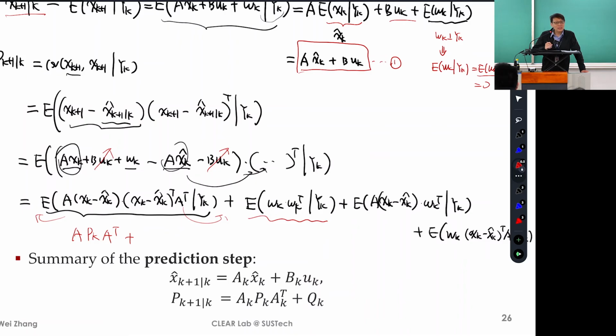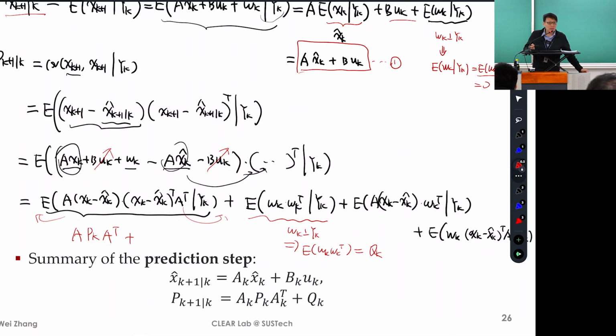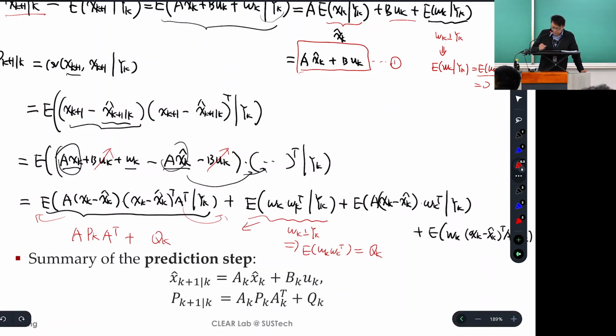WK is independent of YK, which tells me this equals the covariance of WK. And I will say this is nothing but Qk. The reason is that I assume WK is 0 mean. Only when it's 0 mean is it Qk. If it's not 0 mean, then we have other terms to subtract, but we'll still have the same conclusion. So overall, this is Qk.